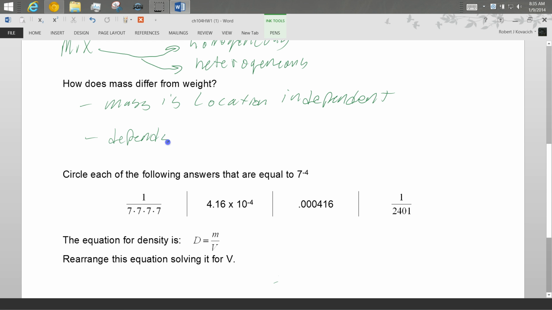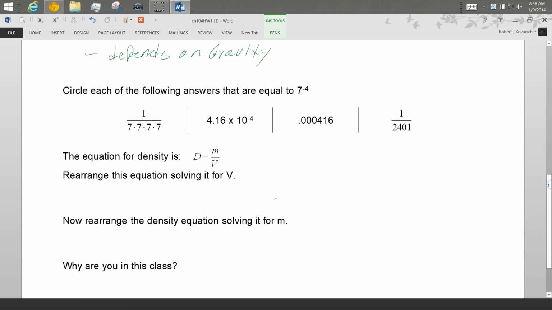The measurement of the gravitational pull. Yep. The object's weight depends on the gravity being exposed to that object. So you might be 200 pounds on Earth, you might be 0 pounds in space, you might be 40 pounds on the moon, or you might be 2,000 pounds on Jupiter. So it's still you, and it's still the same amount of mass, but your weights will be changing based off of gravity.